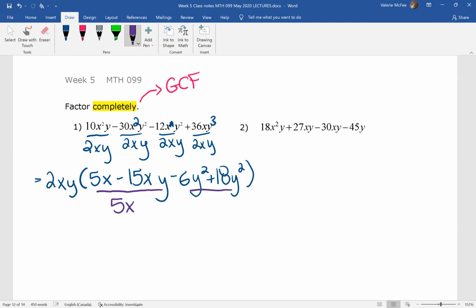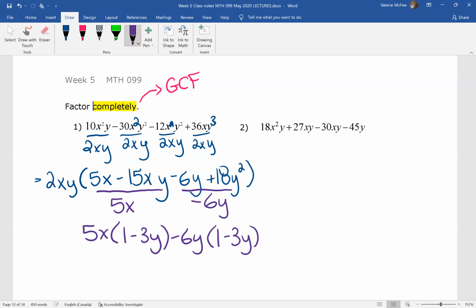Is there a greatest common factor for the last 2 terms? There is here as well. So that means if I factor that, I have 5x times 1 minus 3y, and inside the brackets here, 1 minus 3y.